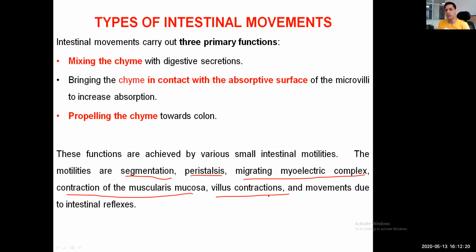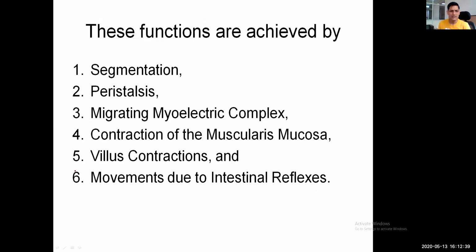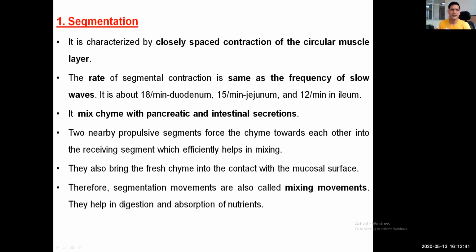With the help of all these movements, the mixing of the chyme, absorption of the food, and propulsion can be done. So these movements we have seen. Segmentation first, then we will see one by one.